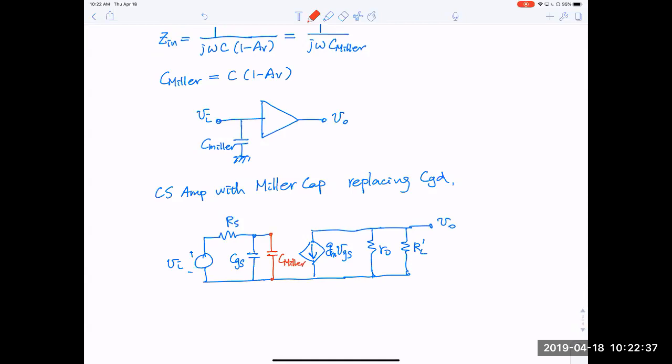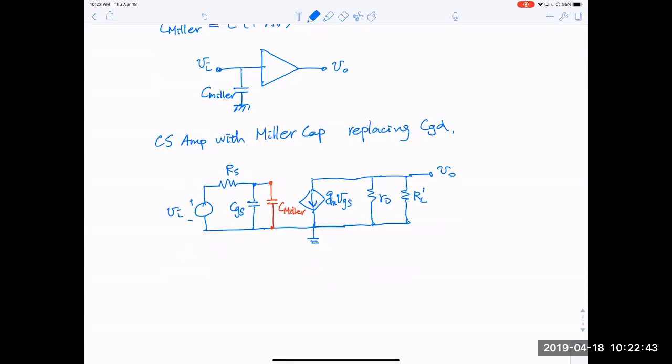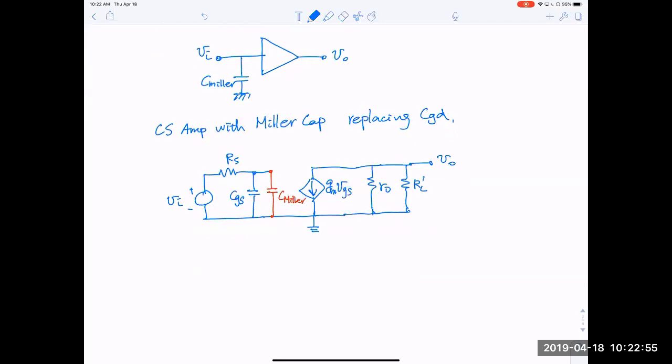So now you noted that we have regained our simple circuit. The input is one clump, the output is one clump. There's no connection between input and output. That makes our analysis simple again. And you further noted that these two capacitances are in parallel. Capacitances in parallel, you just add their capacitance.